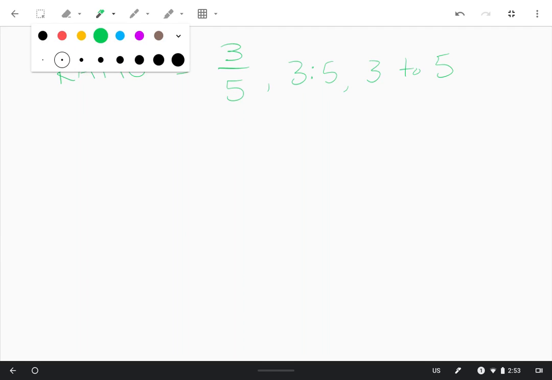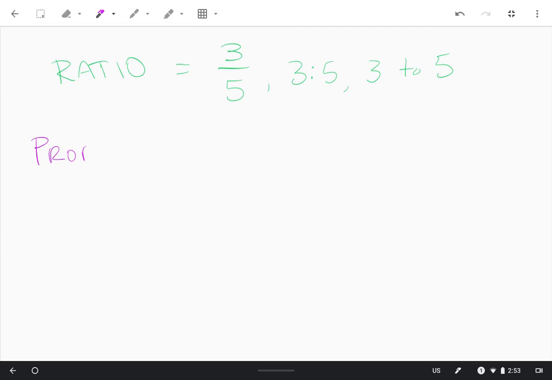And then a proportion is when we make comparisons between ratios, and we find that they are equal. So for instance, 2/3 is equal to 4/6. And that's because these two fractions represent the same value.